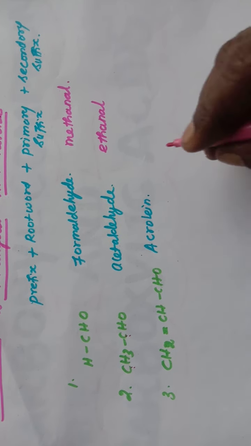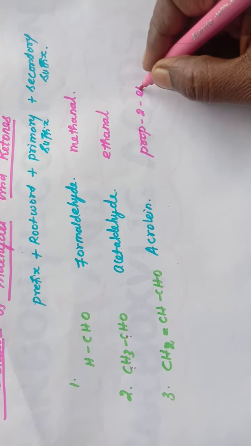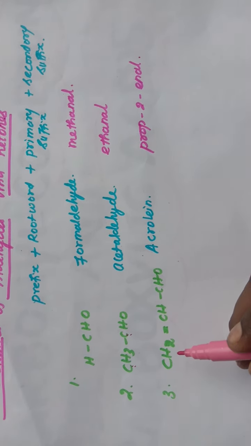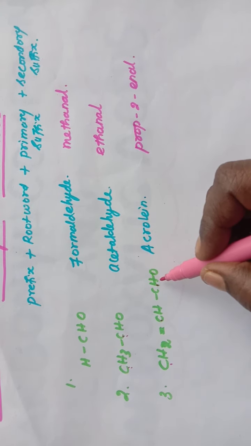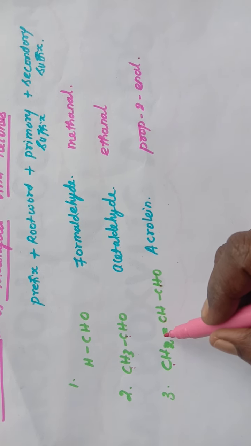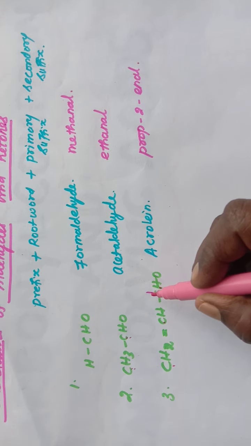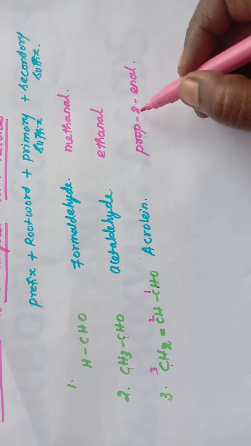IUPAC name is prop-2-enal. Here 3 carbon atoms are there, 1, 2, 3 carbon, an aldehyde group is present, and there is a double bond, so propane. This is considered as the first carbon, second carbon, third carbon, so prop-2-enal.